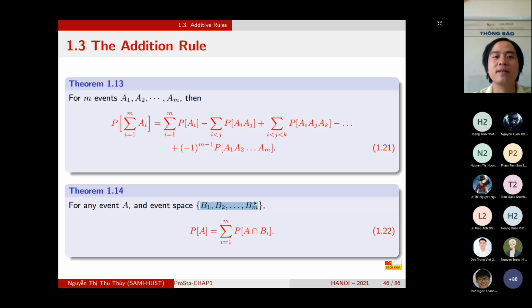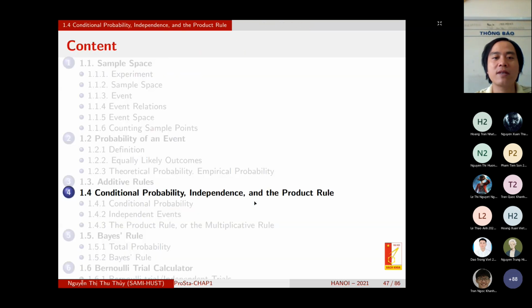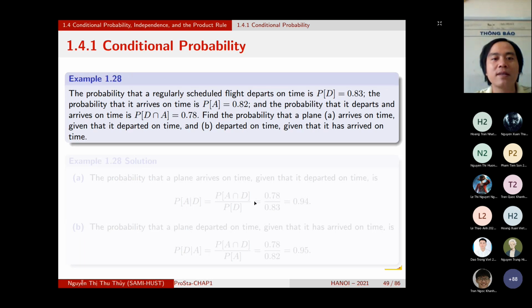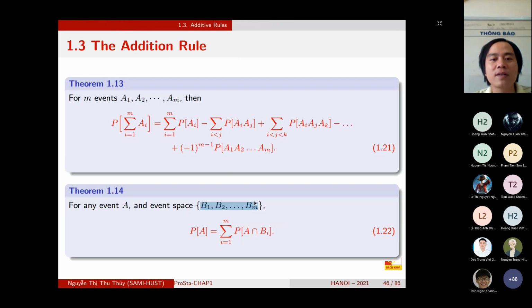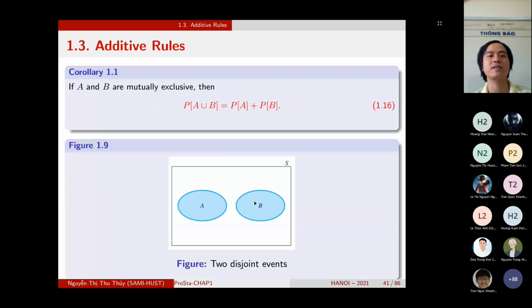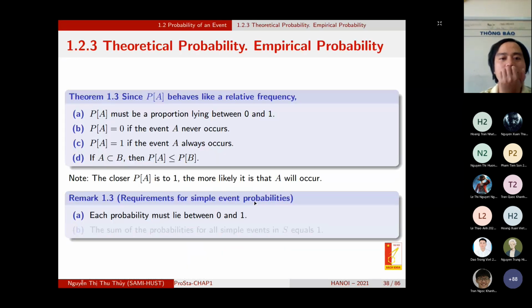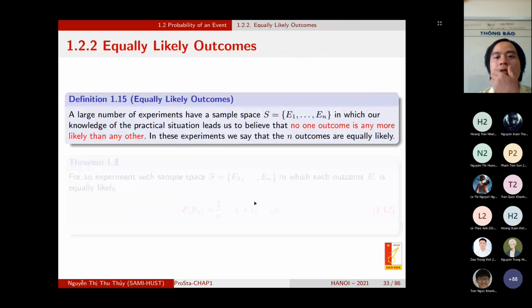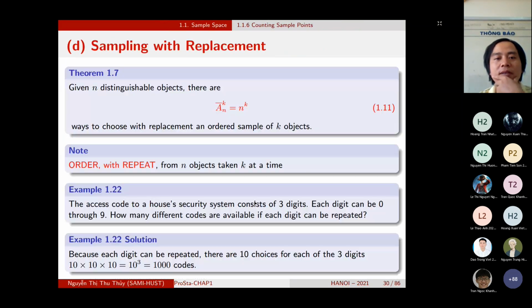We can show the Venn diagram to see it more clearly. This is the partition.